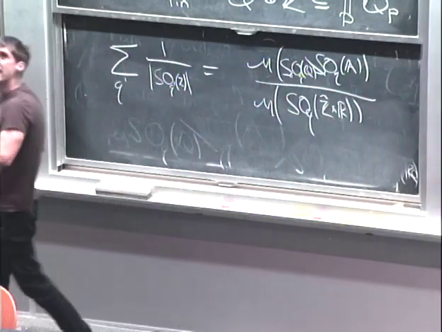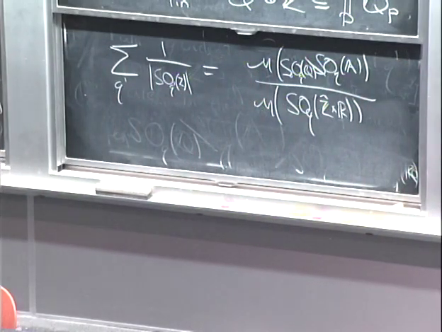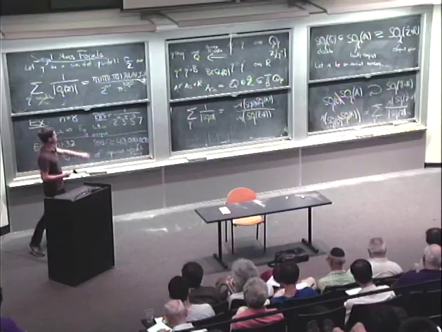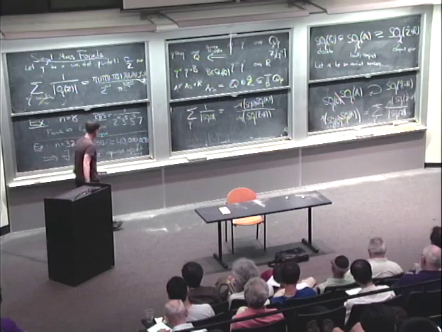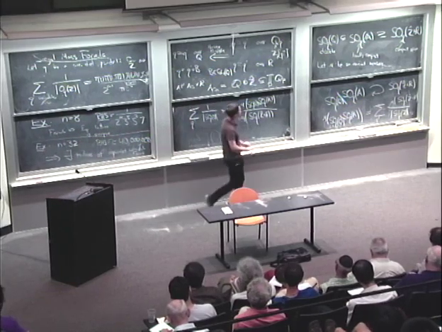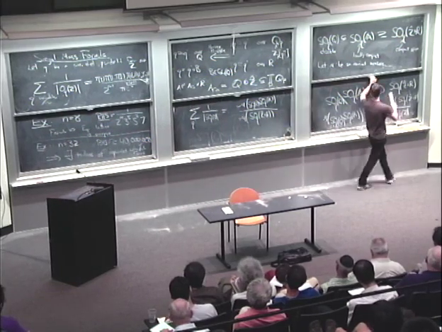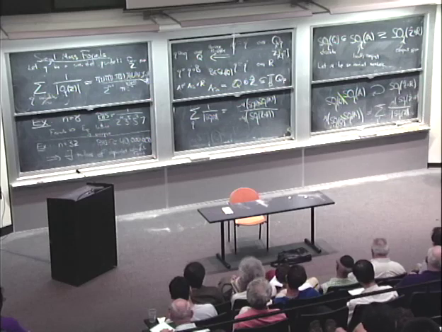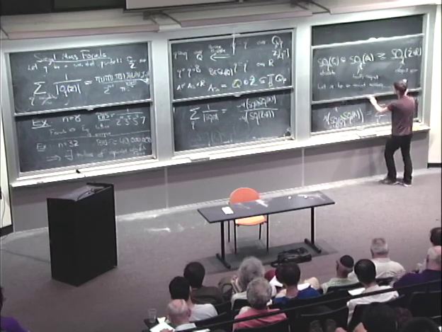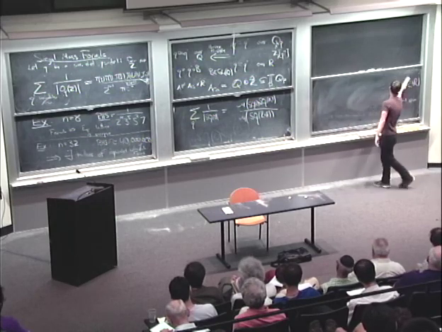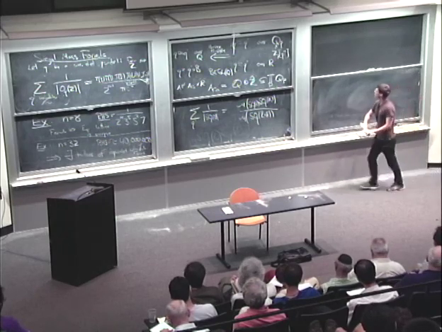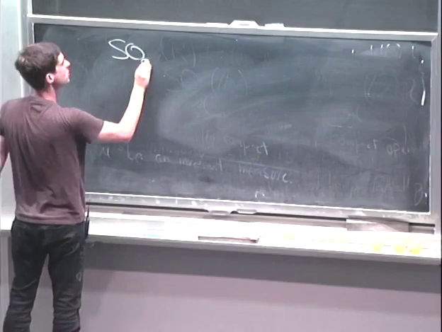So the next idea is that actually for this particular locally compact group, and locally compact groups that look like it, there's a canonical way to choose a Haar measure. There's a canonical choice of Haar measure, which is called Tamagawa measure. So I want to tell you about that canonical measure. So let's think about SO_Q of the adeles.